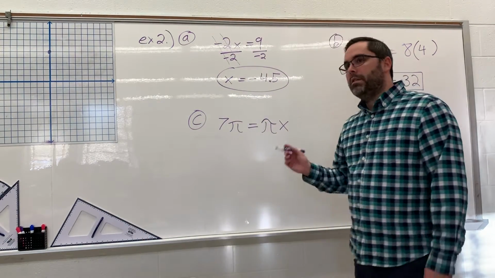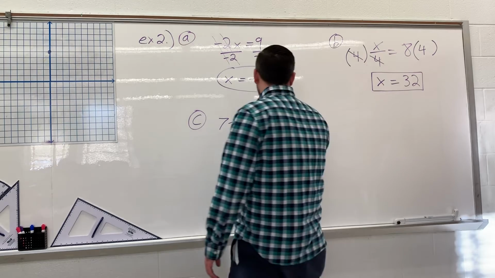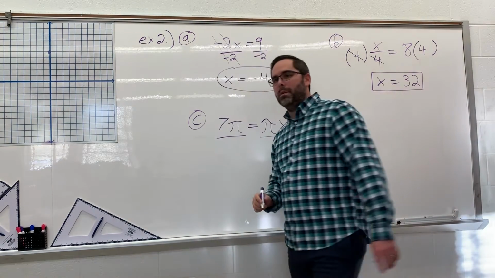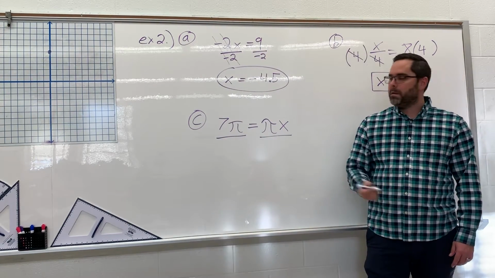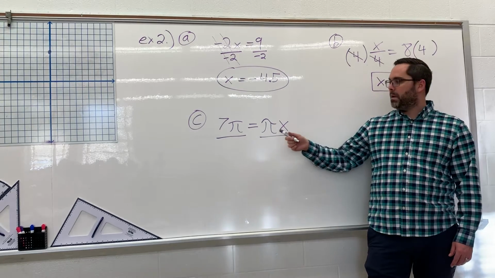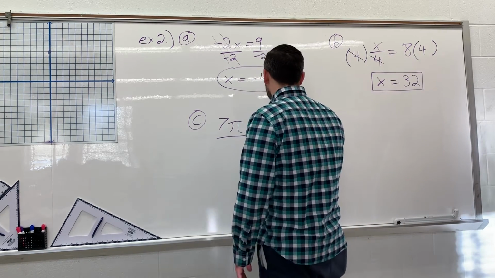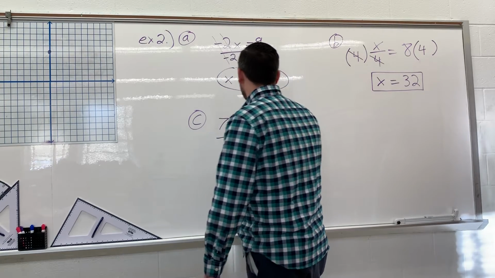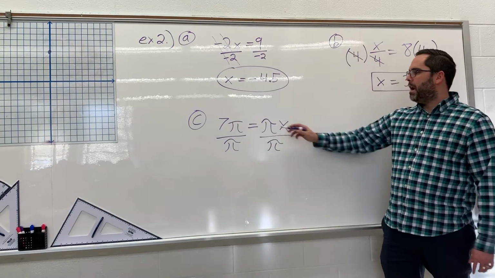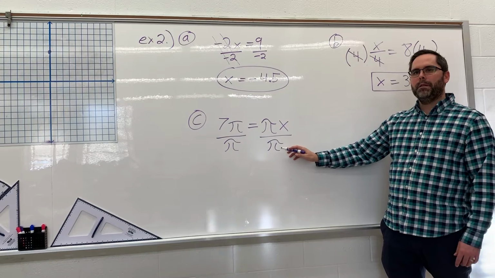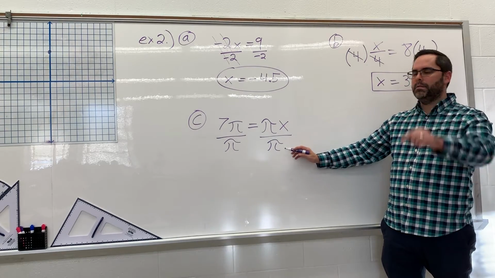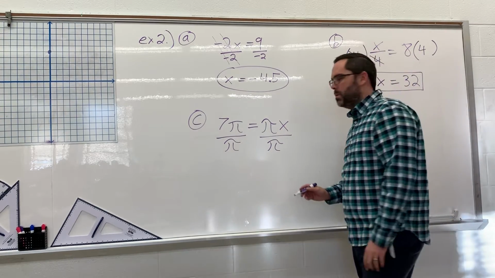Here's how you solve this. You divide both sides by whatever we're trying to eliminate. What am I trying to eliminate? Pi. I want the x by itself, so I have to get rid of the pi. What is pi divided by pi? This just becomes 1x or x.